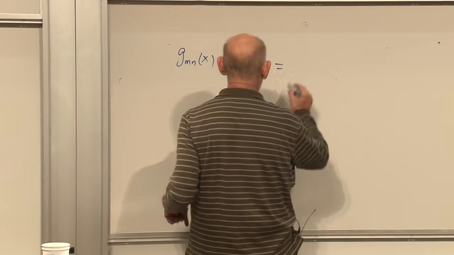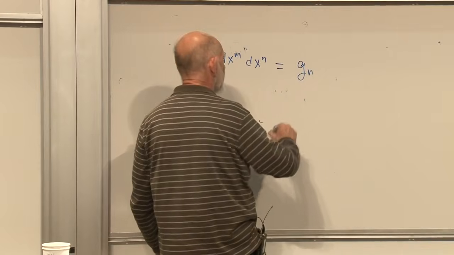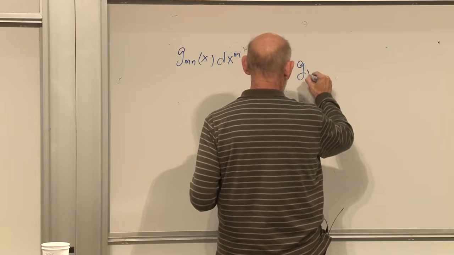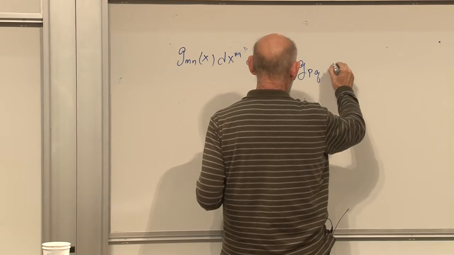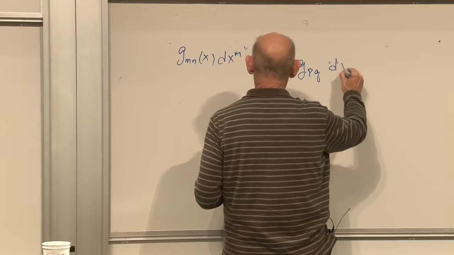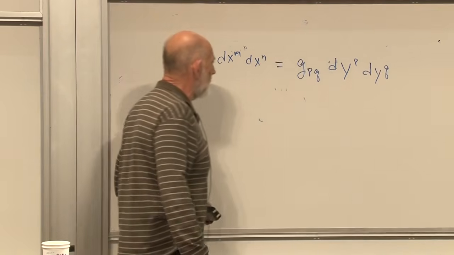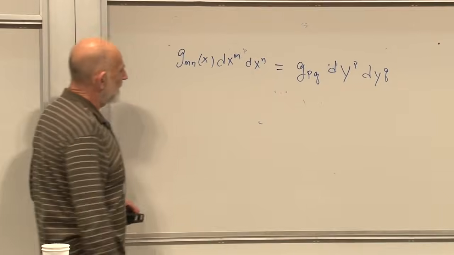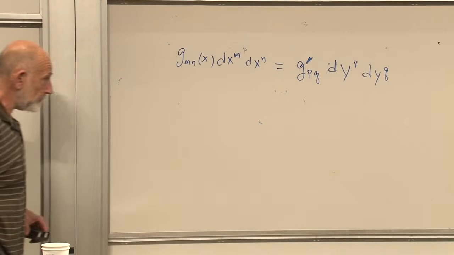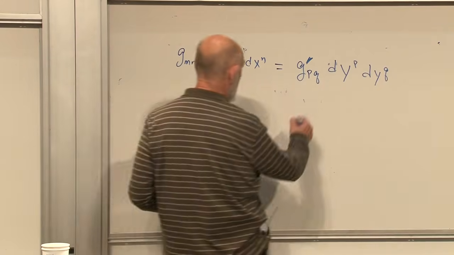This must be equal to, let's call it g_pq, I don't want to use the same index, g_pq dy^p dy^q. Now there's something wrong. This isn't quite right. That's because this should be the primed components of the tensor, the tensor in the primed coordinates, the y coordinates.